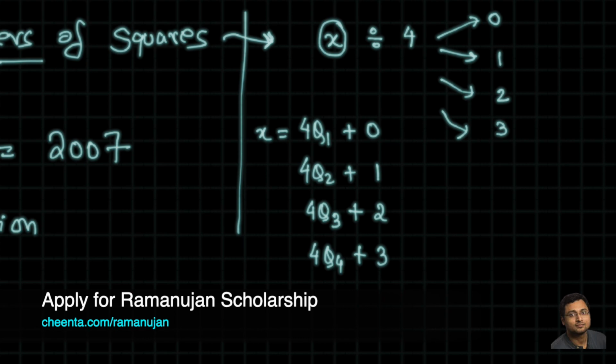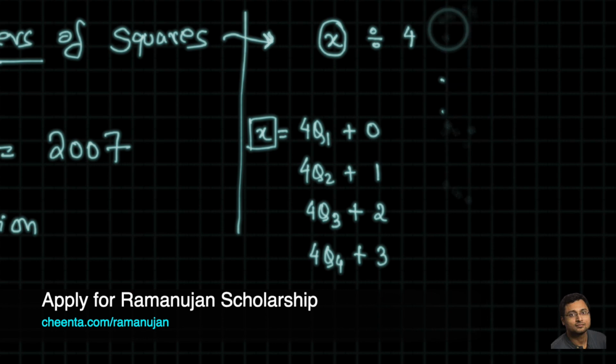Now we were interested to find out what happens if we square such a number. Let me make some space. If we square this first type of numbers, then we'll get 16q1 square, which when divided by 4 produces remainder 0.